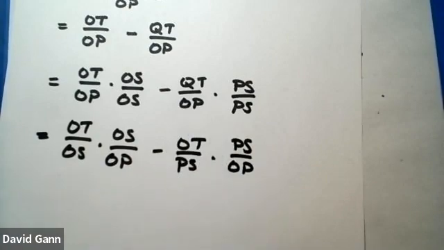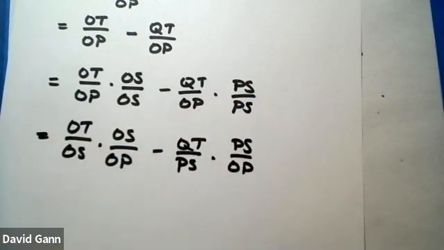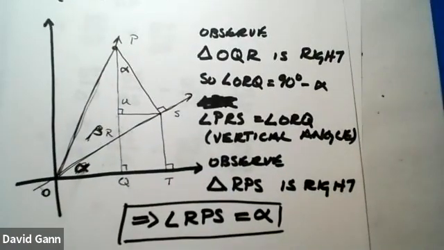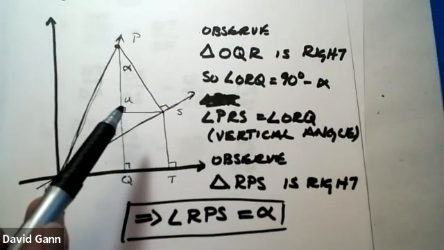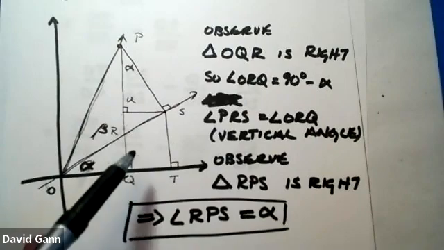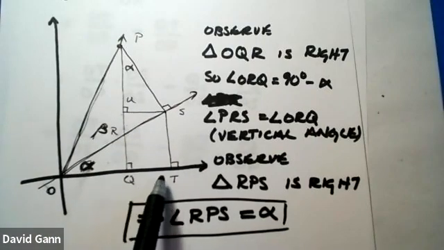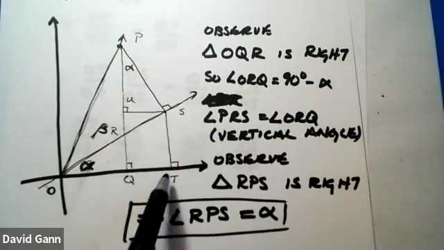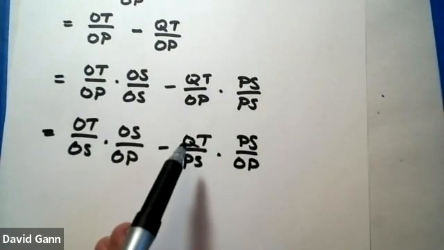Now, the other thing that I want to point out, I've got to be careful here. That's QT. If you look back at the diagram, notice that this quadrilateral USTQ is a rectangle, right? And so one of the results is that QT is actually equal to US. So I'm going to make that substitution here and transform that into US.